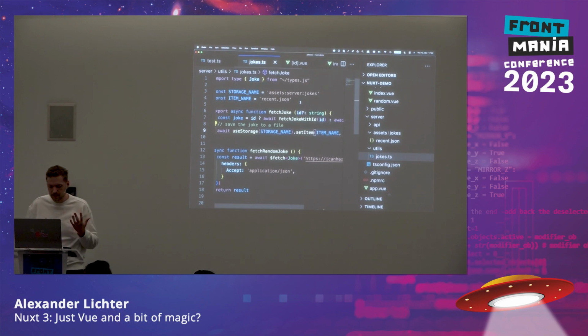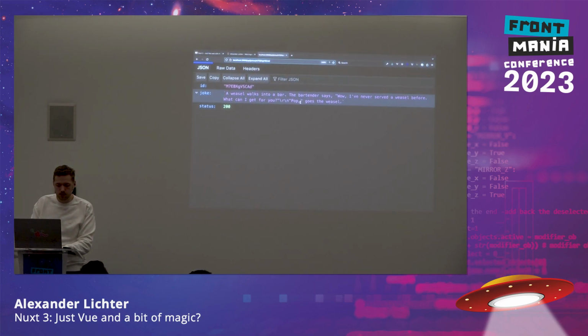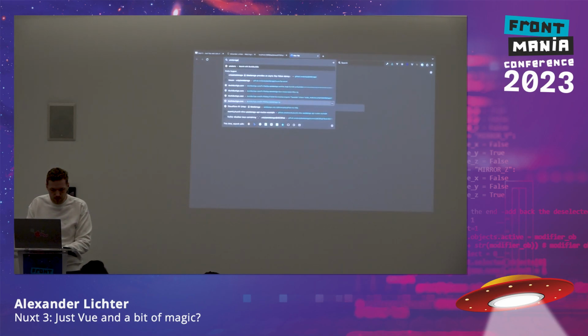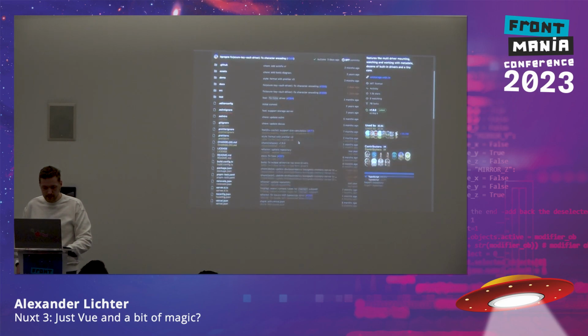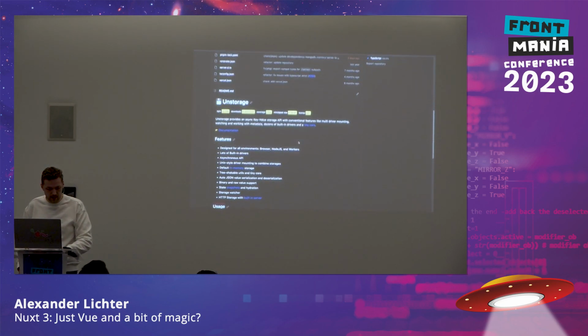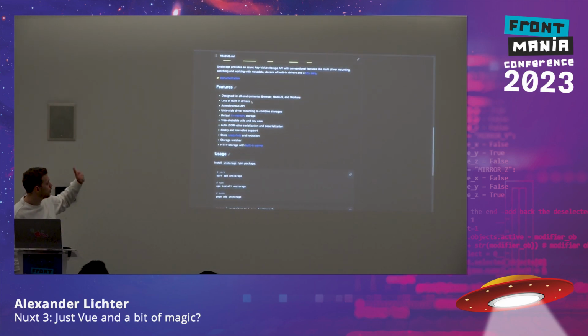So we are able to save one joke. And how we do that, once again, this is another package. So in the Nuxt ecosystem, there are lots of packages that can be used in your project as well. Here it's auto-imported and available, but you can also straight away use that in whatever kind of project you have. So this is called unstorage. It's in the un.js organization. And the best part is, now we saw it for the file system.